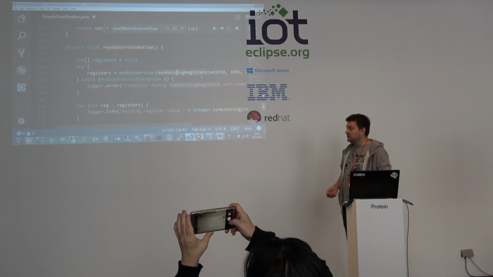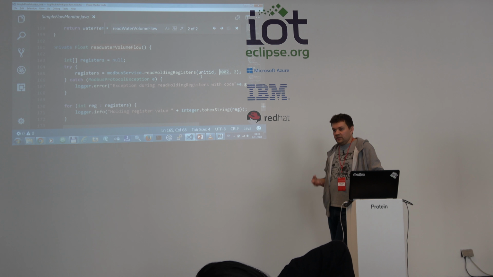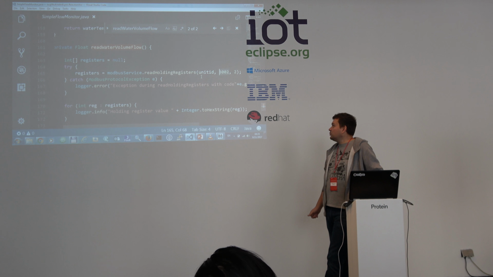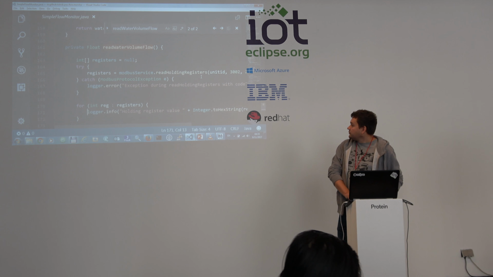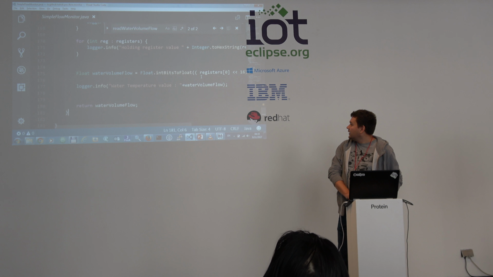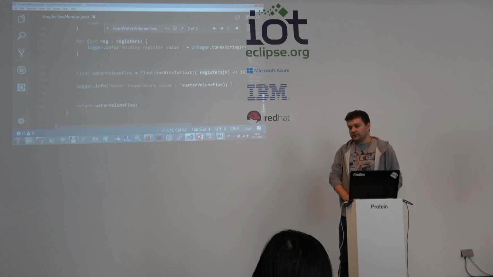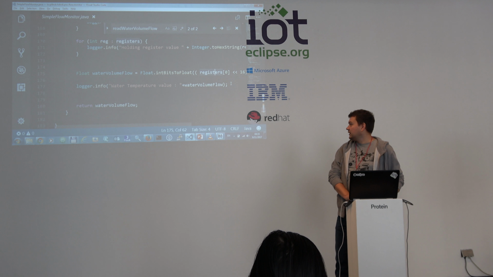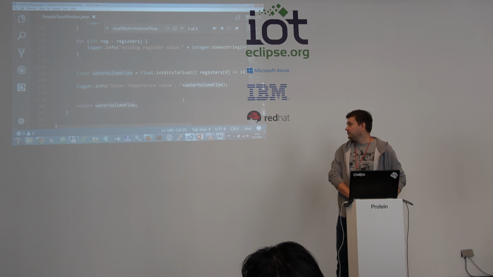I'm reading 2 registers, because 1 register is 16 bits, a float is 32, so I need to read two registers, 4 bytes in total. And then I need to convert what I read to a float. So I need to shift some bytes, and do some casting. And that's all. So I have the water flow value here.